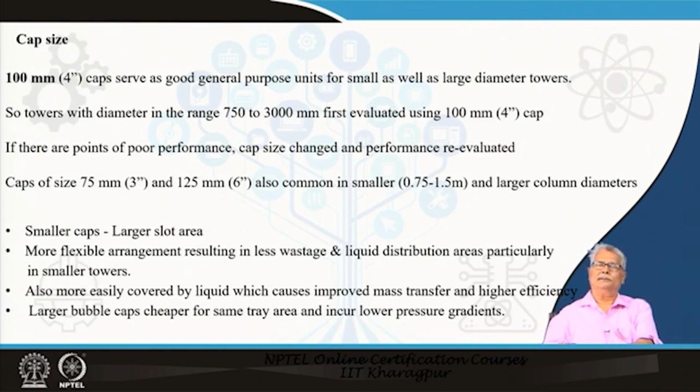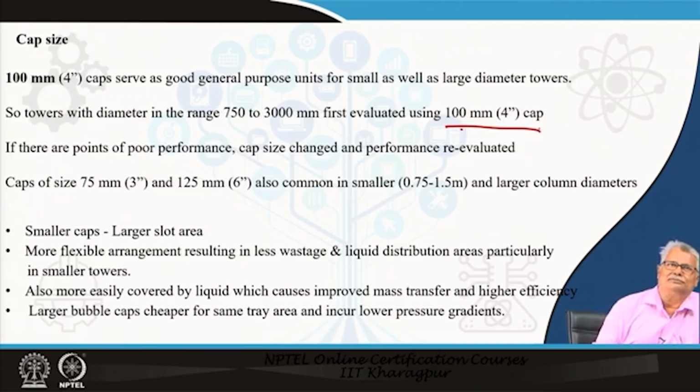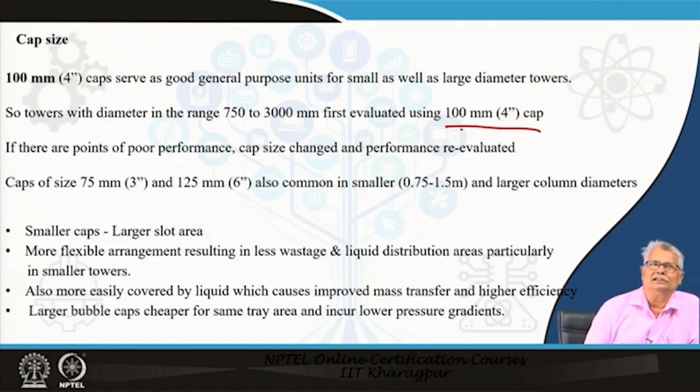Normally, if you are expecting that the diameter of your tower is going to be slightly less than a meter to around 3 meters, you can try by checking with the 4 inch caps first. If you find that due to some reason or the other you are having poor performance, that means your efficiency is not up to the mark, you definitely will be required to re-evaluate or redesign.